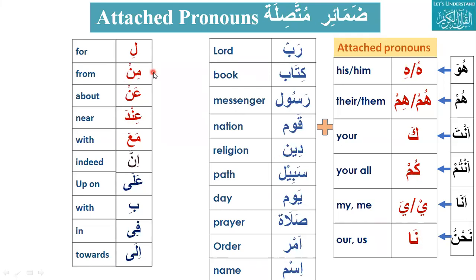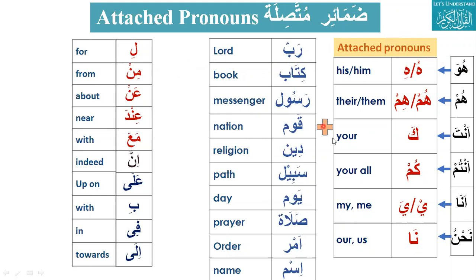So this is the second practice we should do: we take one word at a time, attach it with the attached pronouns, produce six words and translate them. It will also increase our vocabulary, and it will help us in making translation when we start taking the ayah from the Quran.